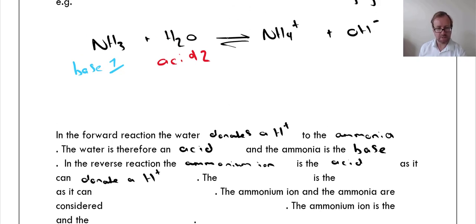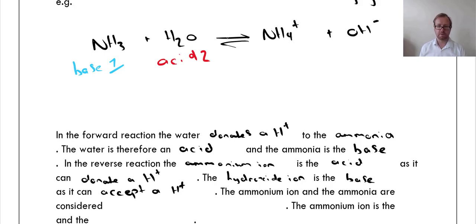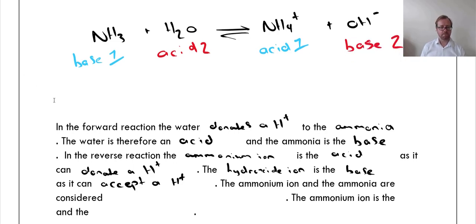The hydroxide ion is the base, as it can accept a H plus or a proton, which means then that I am going to have my acid 1 and my base 2.